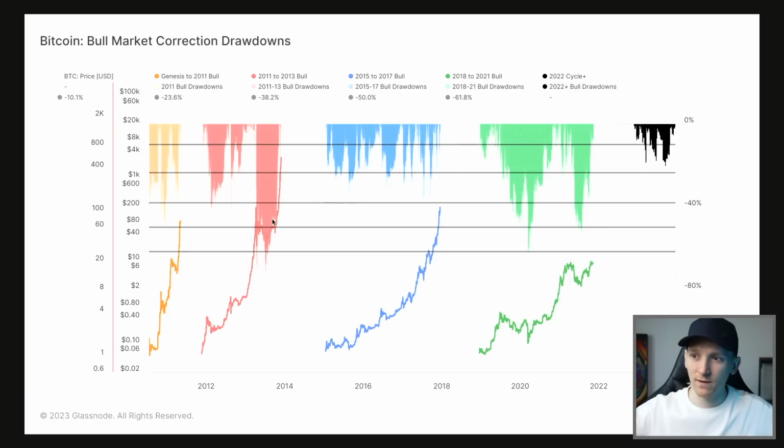As we can see here, this data is not very relevant because Bitcoin was a different asset back here. But in modern times, we can see that during the early stages of the bull market, you get some big drawdowns. Now, this again was the pandemic, so a little bit of an outlier. This is a good one here where you can see drawdowns of 20 to 30% are very normal.